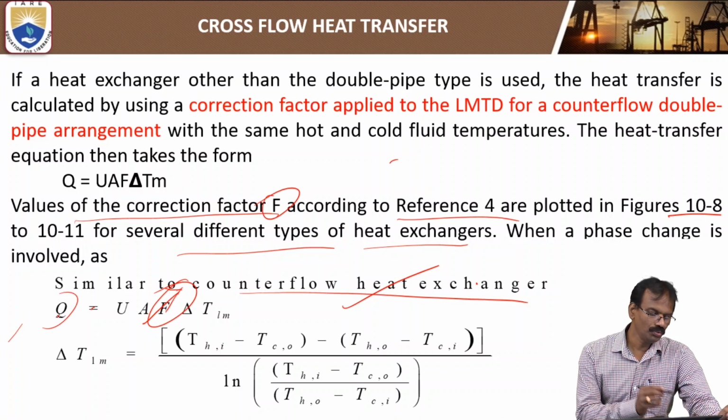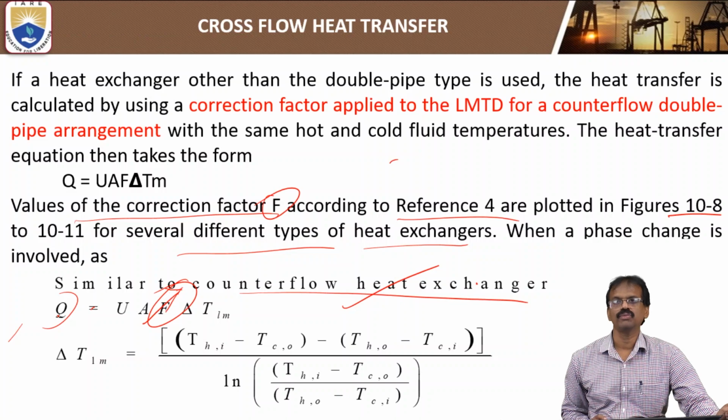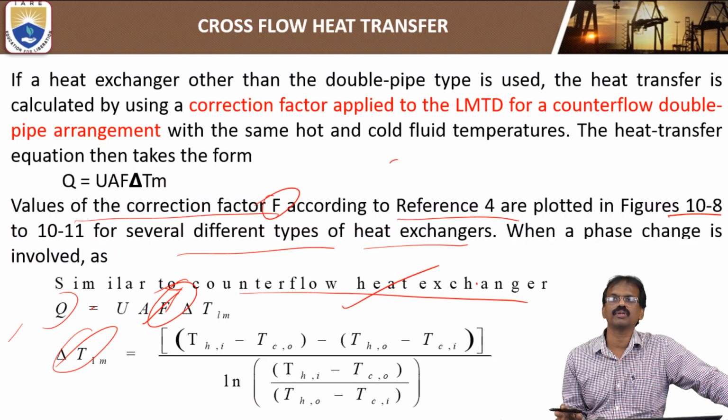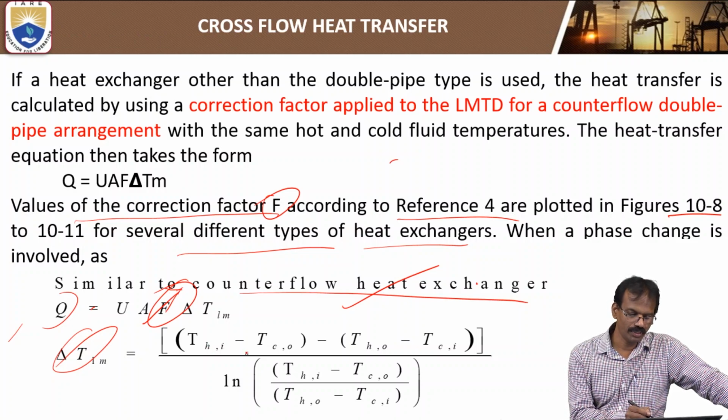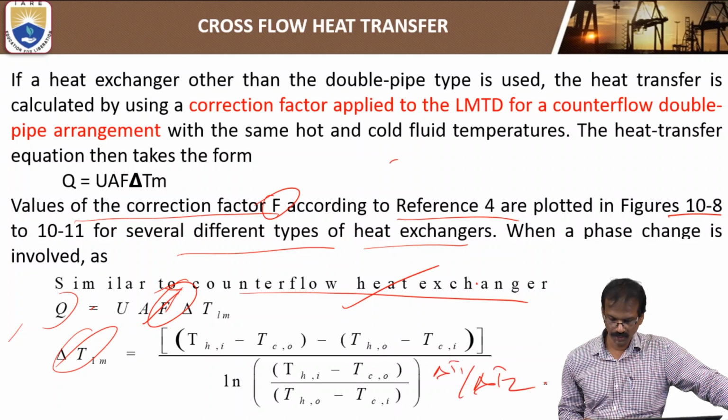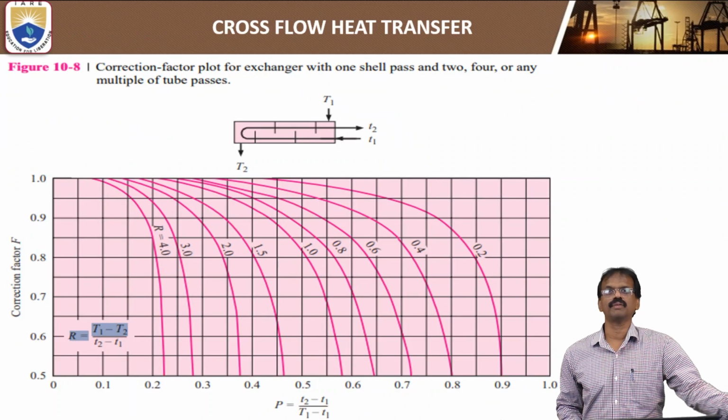Okay, so Q is equal to UAF into delta TLM. Delta TLM is the same as in counter flow: hot fluid inlet minus cold fluid outlet, hot fluid outlet minus cold fluid inlet, by delta T1 by delta T2, same formulas. We'll see the first graph.